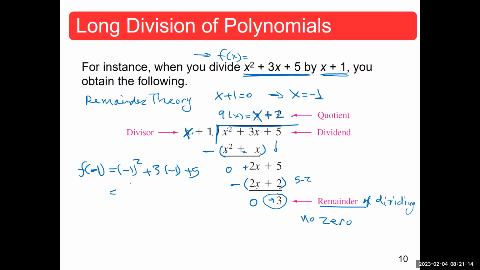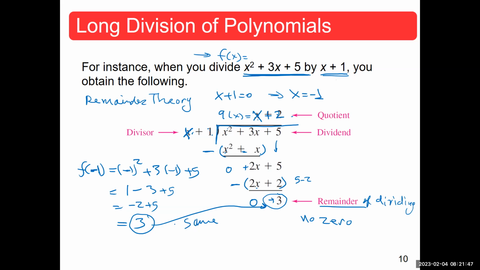Now, if we calculate, always remember, when you square a negative, it becomes positive: 1 minus 3, because negative 1 is multiplied by 3, plus 5. So negative 3 plus 1 gives you negative 2, plus 5, and that's equal to 3. Well, this number is the same as the remainder.